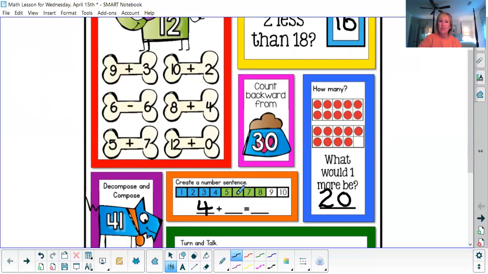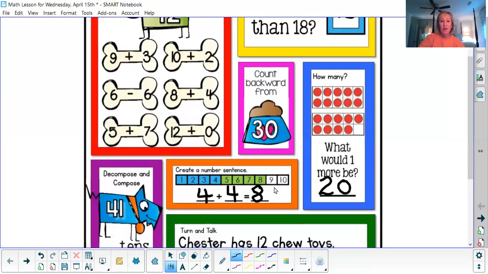Let's count. 1, 2, 3, 4 greens. So 4 blue, that's the first part, plus 4 greens, that's the second part. 4 and 4, where did we end up? That equals 8. That's a doubles fact. 4 plus 4 is 8. So the two parts went together to make the whole.